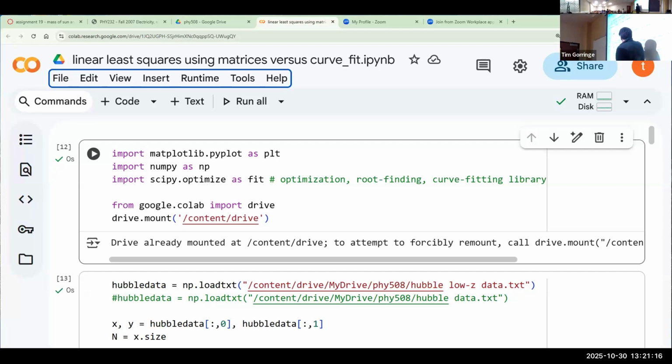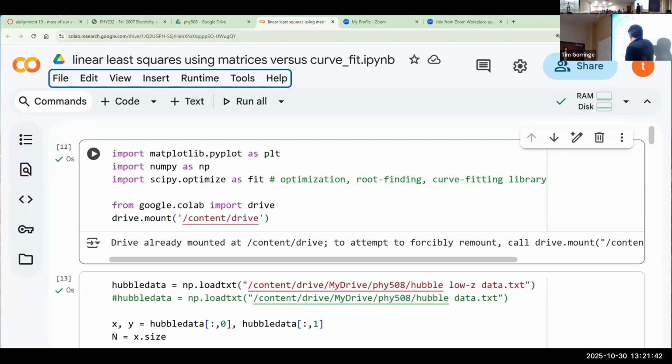So I'm importing that as fit, and we're going to use functions in this module here. I'm going to be fitting data. I got hold of Hubble's old data on Cepheid variables, and then I got hold of an extended version of the data that includes supernova data, and we can fit that too.